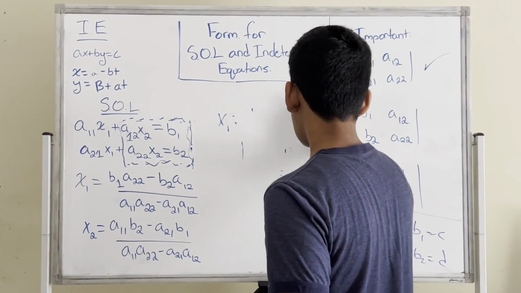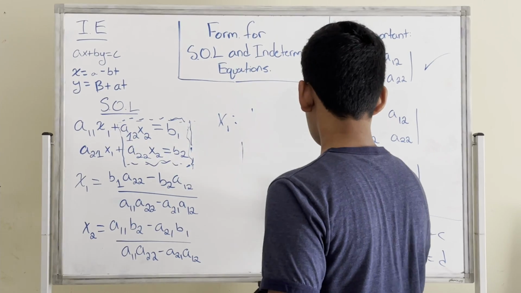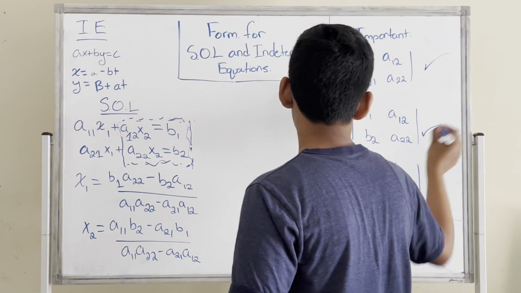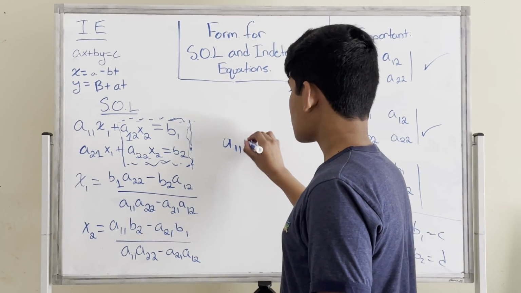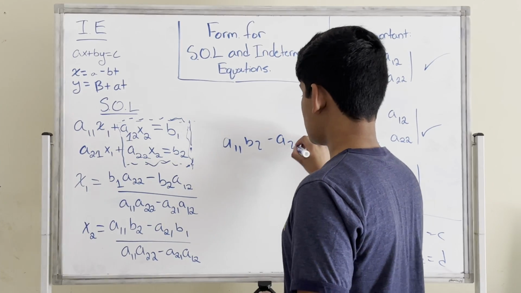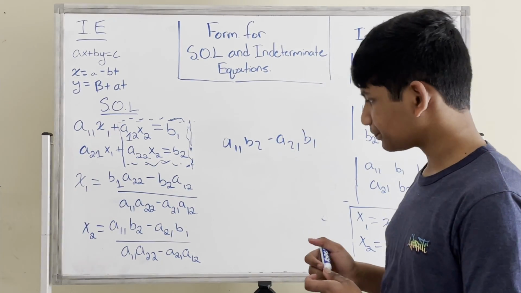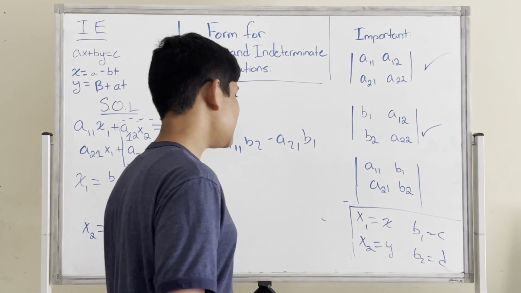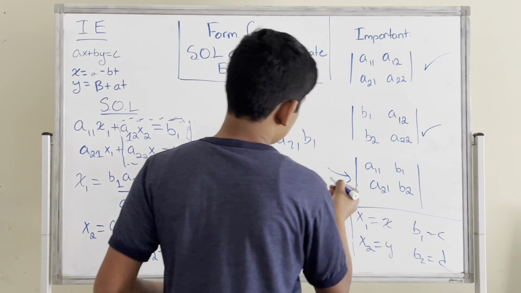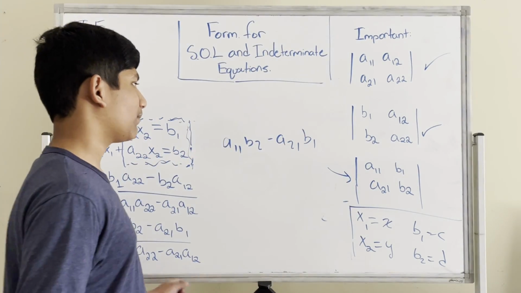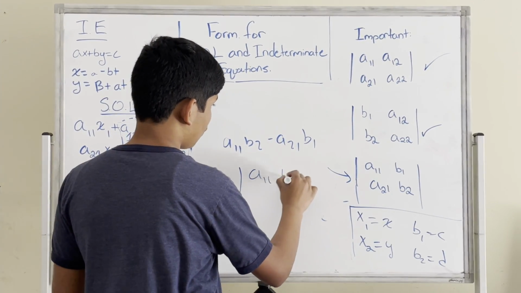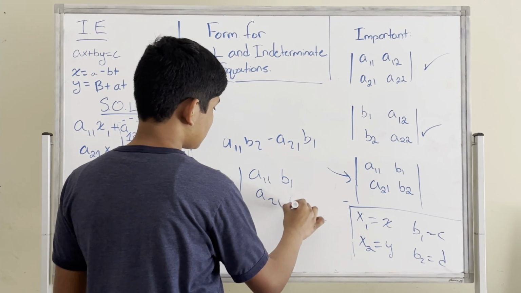Now that we've talked about that, let's look at the last scenario, or the last numerator for y or x2. So you have a11, b2, minus a21, b1. Now over here, this probably corresponds to a matrix, and indeed this corresponds to the determinant of this matrix, more specifically. So as you can see over here, we write this, a11, b1, a21, b2.